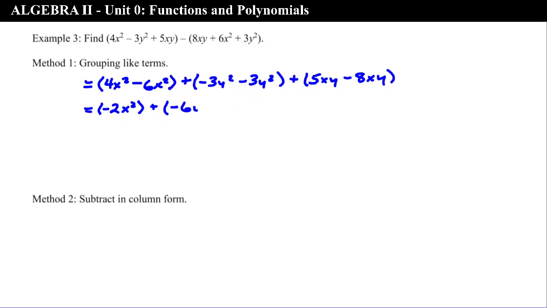That's going to give us a negative 6y squared. And then our last term, 5xy minus 8xy, is going to give us a negative 3xy. And then we just simplify one more time from there. We're going to distribute our minus signs, and we get our final answer.